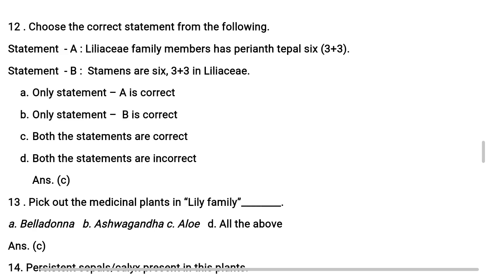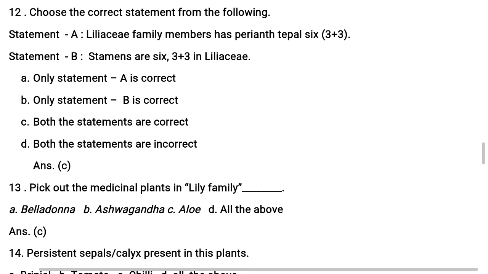So here diadelphous nature, 2 bundles, 2 bunches are present for stamens, and they are attached to petals. So epipetalous nature can be seen, right? So statement B is also exactly correct. So now let's see the options.